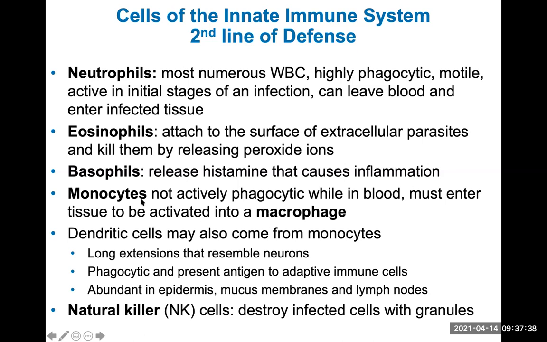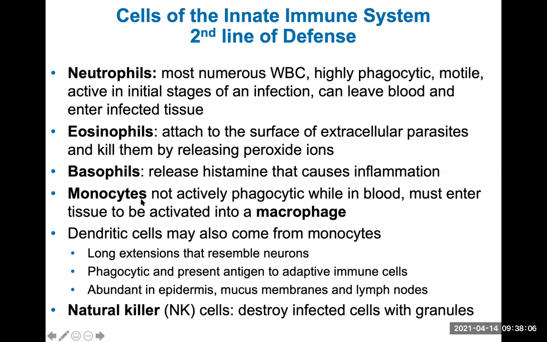And they can become activated into a macrophage, or they can be turned into a dendritic cell. Macrophages, we'll be talking about them a lot. They are mostly seen in the later stage of infection. They're good at phagocytosis, but they can also cause a lot of tissue irritation.